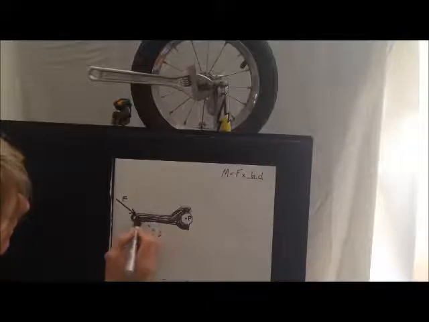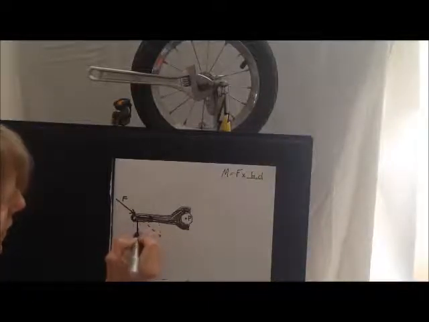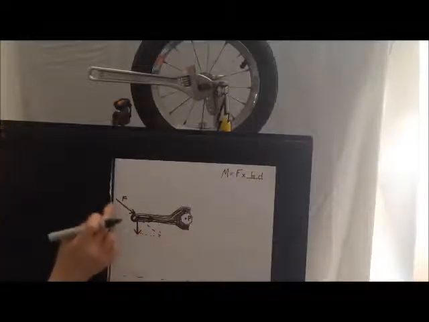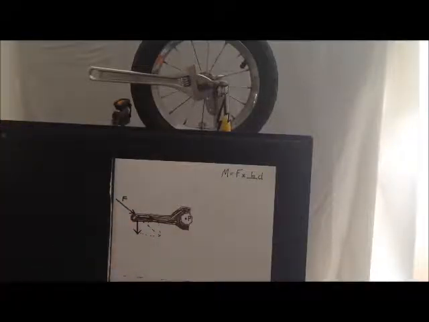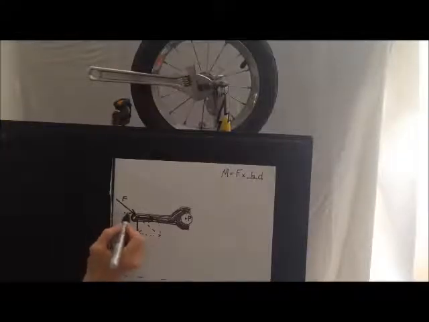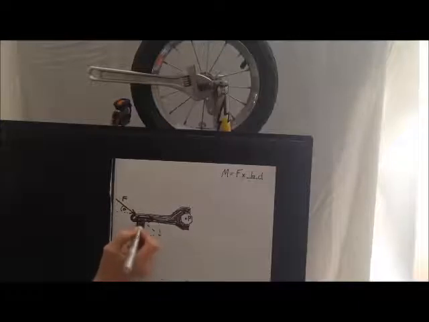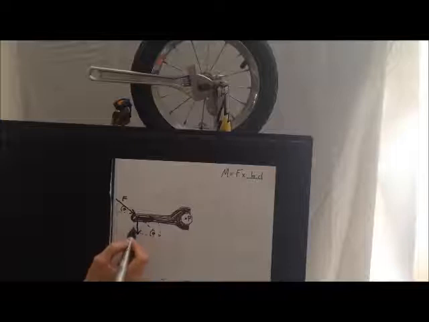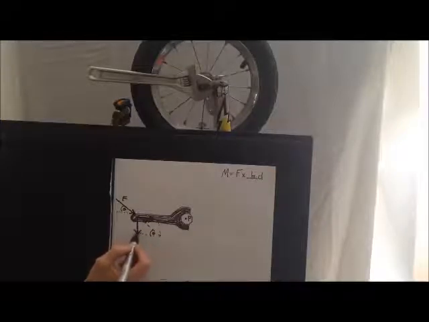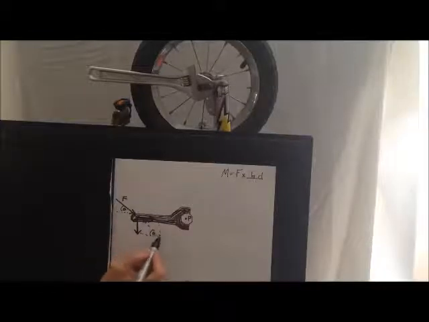And we can see there's the horizontal component and there's the vertical component of that force. Now often we're given this angle here, which is the same as this little angle in here, which is the same as this angle here. And we can now use trigonometry to work out this vertical component in order to work out the moment. So we no longer worry about this one for the moment.